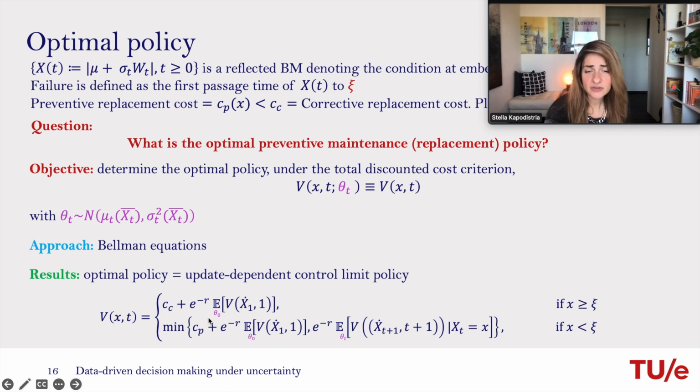The Bellman equations basically indicate that if your state has exceeded the failure threshold, then you need to do corrective maintenance, and that costs Cc. Then one period later you need to discount, and you start in a new state, which is some random state. Or if you are in a state that has not failed, then you pay Cp of x, and one period later you are in a state of as good as new plus this period of time that has lapsed, which leads you to a state x of 1.